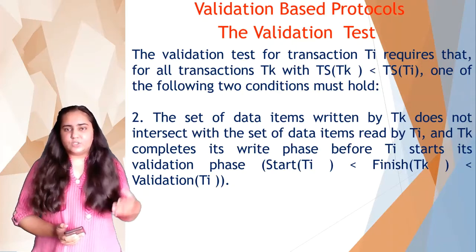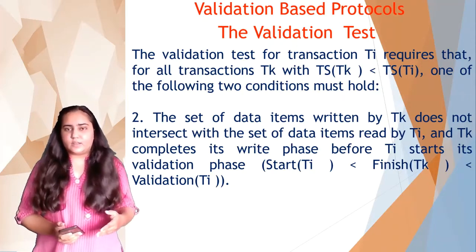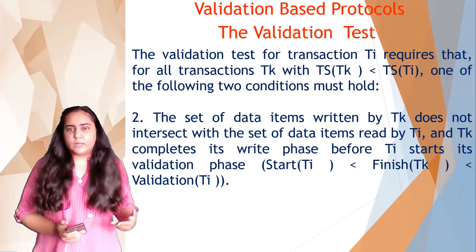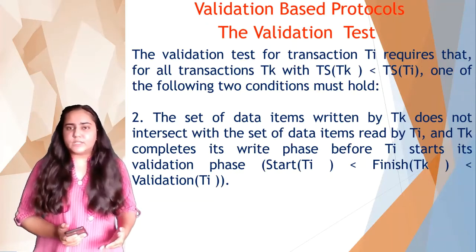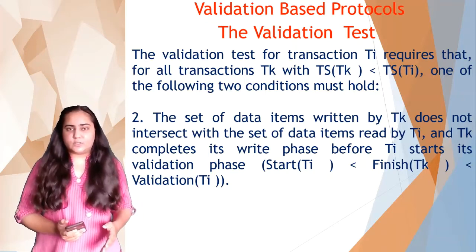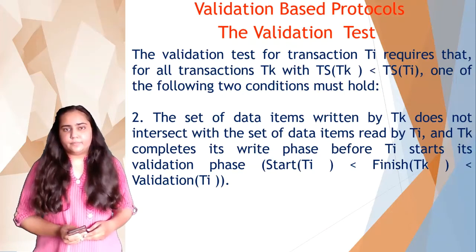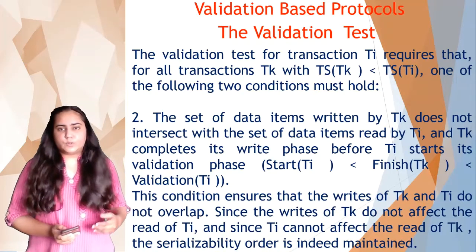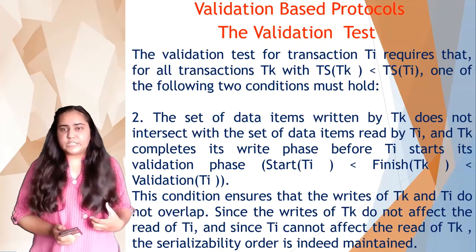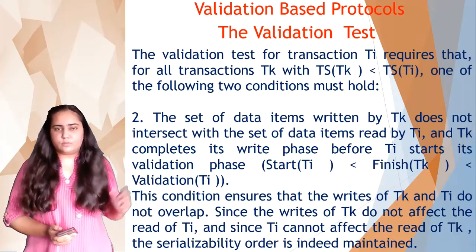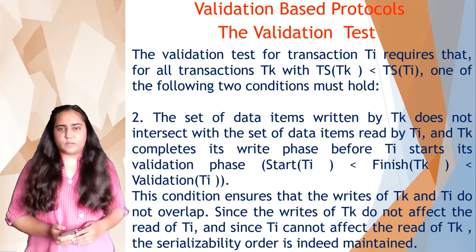So Ti can start before Tk finishes its write phase, but the validation phase of Ti must start only after all the Tk transactions have finished writing whatever they need to write. This ensures that the writes of Tk and Ti do not overlap. If they overlap, all sorts of inconsistencies will be caused.